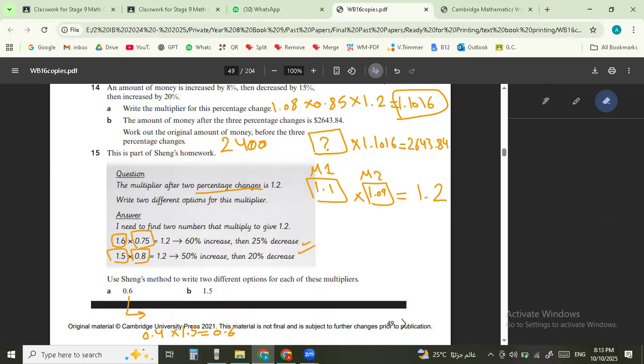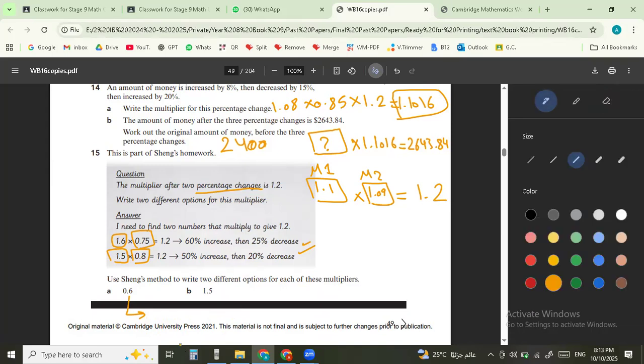The last one over here, 1.5. I want the two numbers that when you multiply, they give you 1.5. Here you go. I'm going to choose, let's say, 0.75, which is a decrease of 25%.